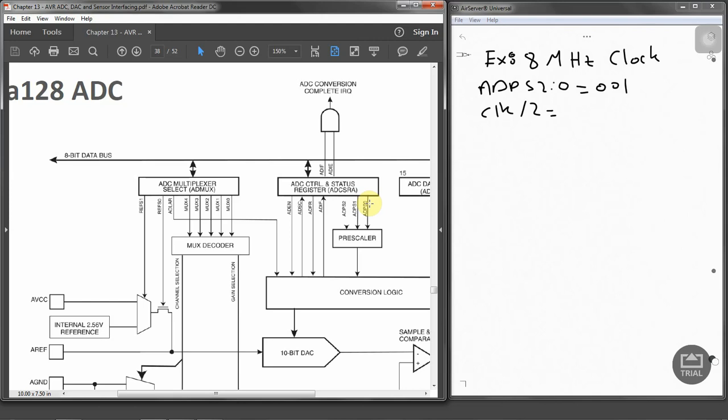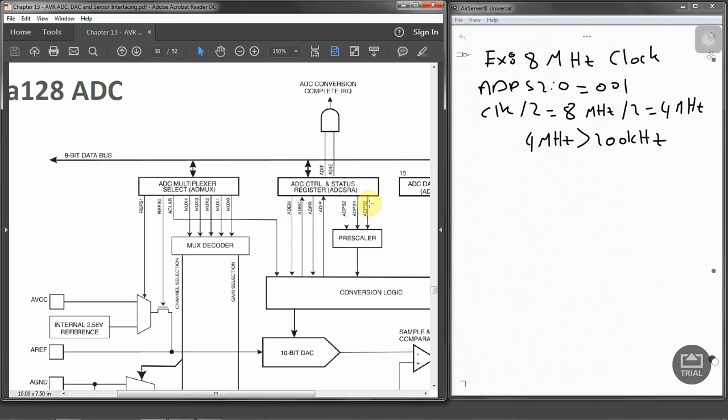So 8 megahertz divided by 2 will give us 4 megahertz. And as we know that we need less than 200 kilohertz, 4 megahertz is greater than 200 kilohertz.